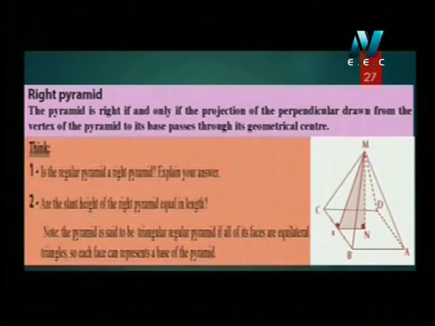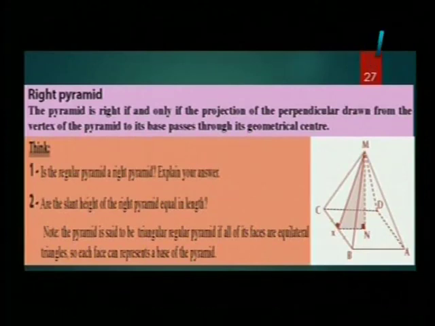Think: is the regular pyramid a right pyramid? Explain your answer. A regular pyramid, of course, will be a right pyramid because its height will be perpendicular to the base. Are the slant heights of the right pyramid equal in length?